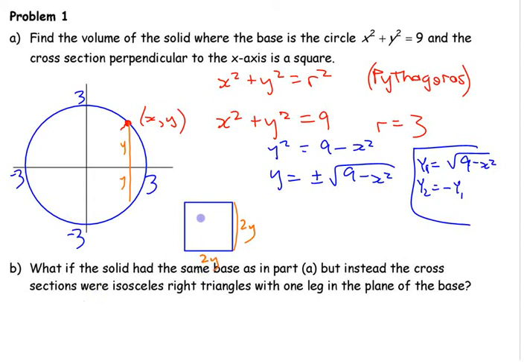So the area is 4y squared. So then the volume has to be, I didn't leave myself a lot of space here. The volume has to be the integral from here all the way over to here of those things. You're finding the volume of each one, and the volume of each one is the area, 4y squared.